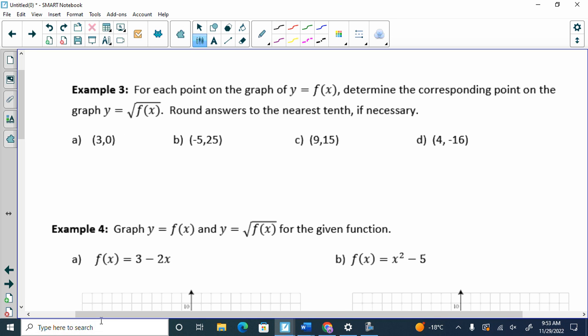Example 3. So here it says, for each point on the graph, write its corresponding point on the graph of y equals root f of x. All we do is what? Keep the x, root the y. It's mapping, right? So this one is 3, 0. It's going to actually become 3, 0 because it's invariant. What about -5, 25?